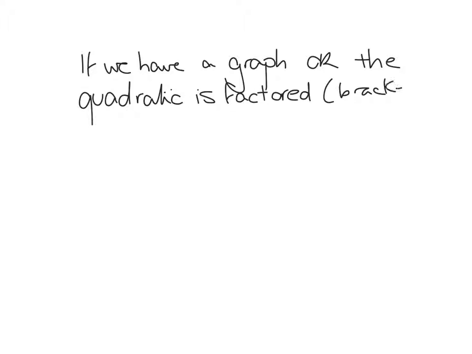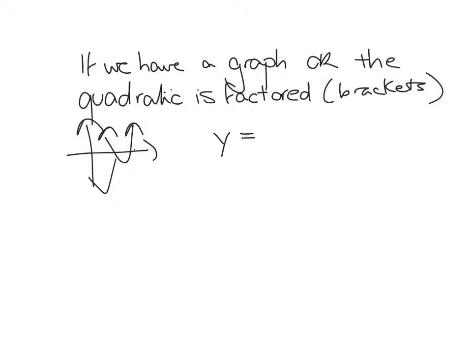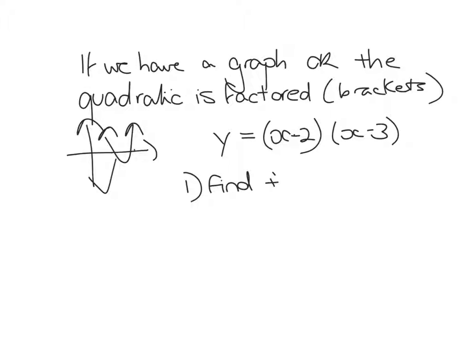So that was those first examples, when we had a graph with the x-intercepts marked, or we have something of the form y equals (x take 2)(x take 3) with some brackets going on. Then we find the x-intercepts, and 2, we average them.